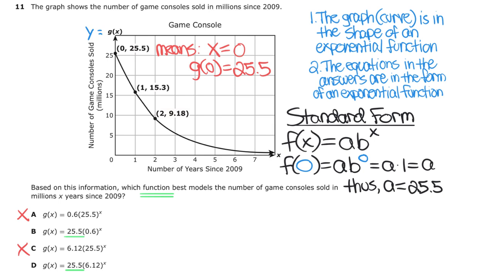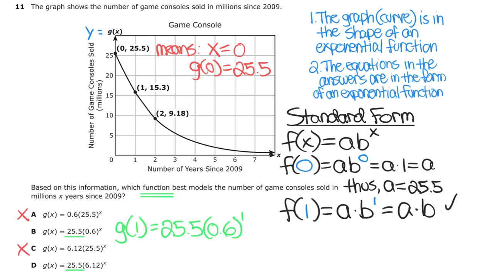To narrow it down to the correct answer, we'll move on to the point 1, 15.3. Just for giggles, I'll show you that when you replace x with 1 in the standard form, you get a times b. That's great and all, but let's just do it with answer choices B and D. With B, we get 25.5 times 0.6 to the 1.